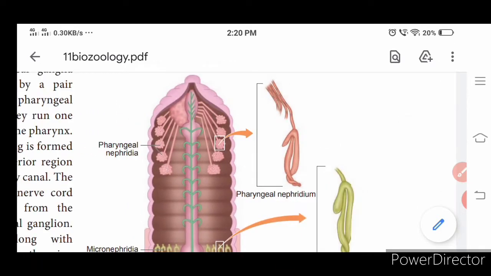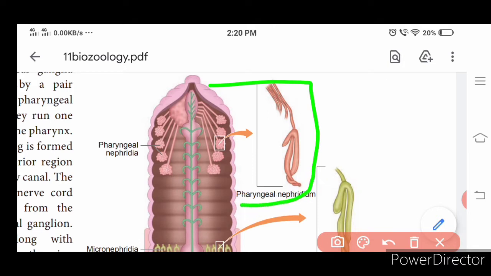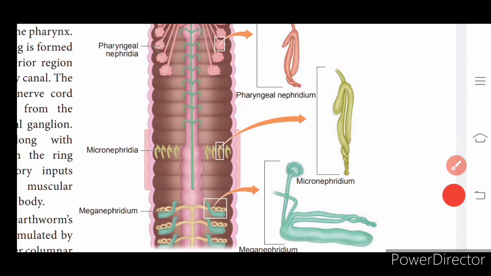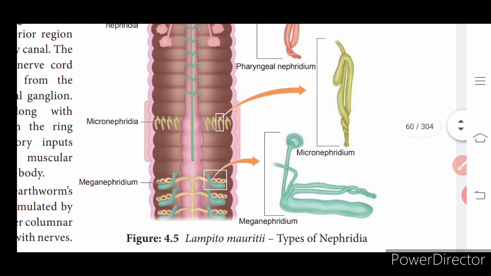Nephridia in the pharyngeal region are called pharyngeal nephridia. Below that we have the nephridium called micronephridium because it is comparatively smaller in size. Then we have the presence of meganephridia.